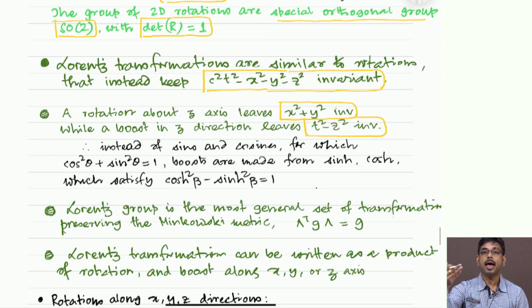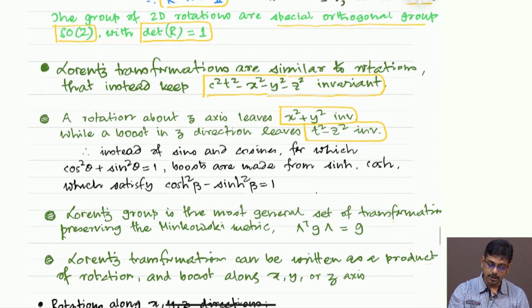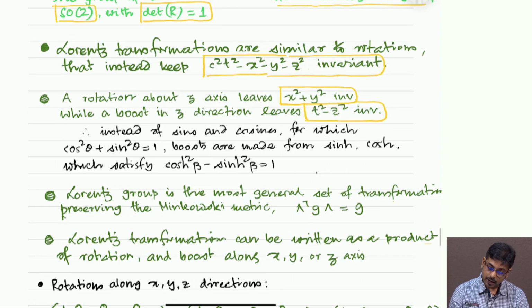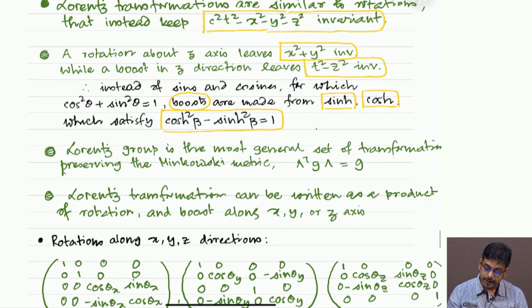So, instead of having this sine and cosine theta which defines the rotation matrix, we can have sine hyperbolic and cosine hyperbolic to define the Lorentz transformation, where instead of cos square theta plus sin square theta equal to 1, you have cosh square beta minus sinh square beta is equal to 1. So, the boosts are similar to rotation, but instead of cos theta and sin theta, we define it by sine hyperbolic and cos hyperbolic.